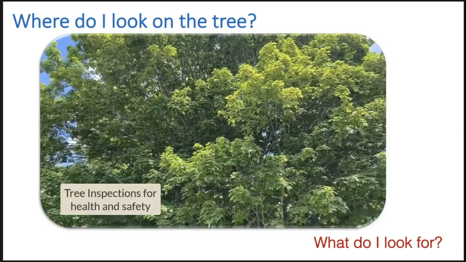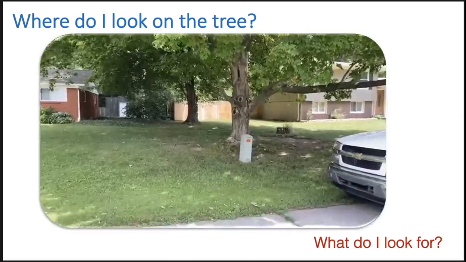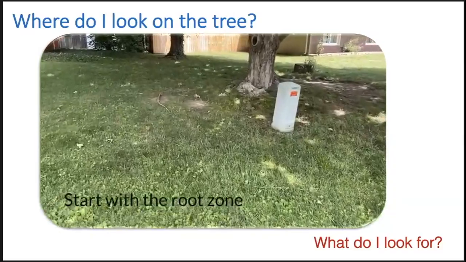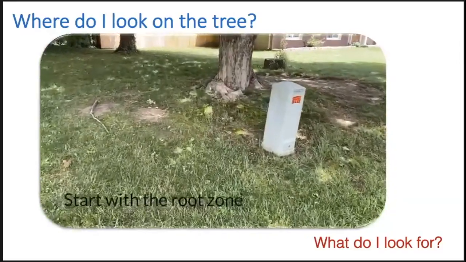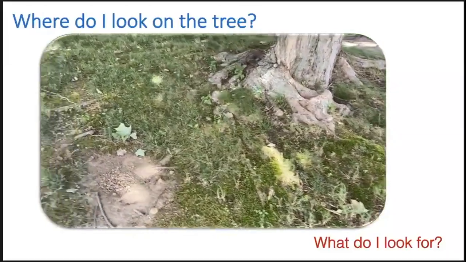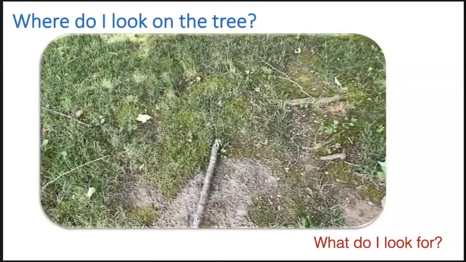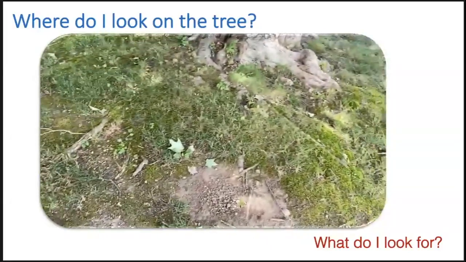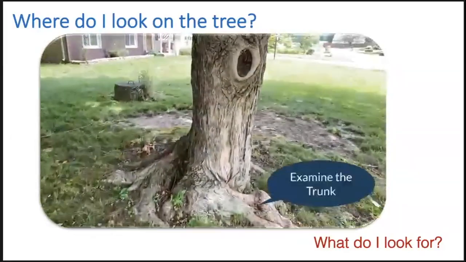So exactly what do I look for on the tree? It's just looking at some of the things, basically starting with the root zone, looking at tree roots to see if there are any fungal fruiting bodies or root damage, perhaps from mowers or construction equipment.